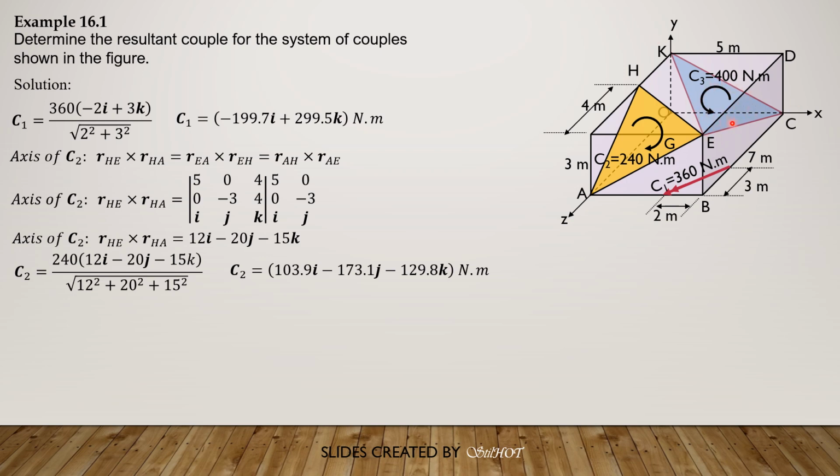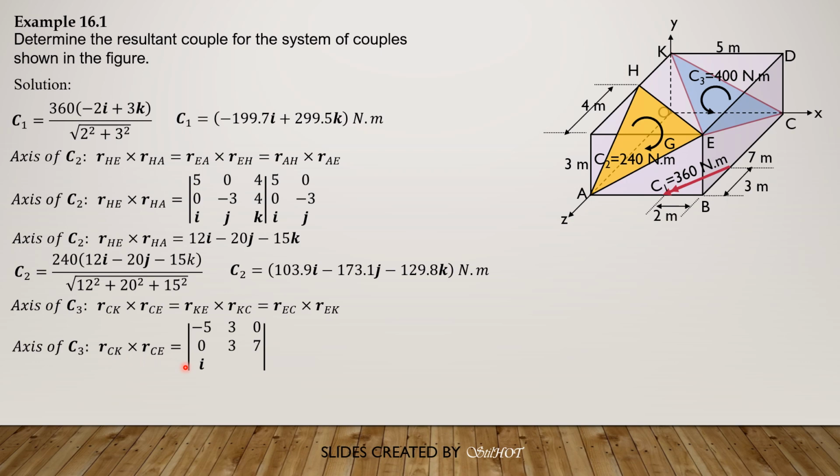The curling of our four fingers will be the same. And KE cross KC. So the axis of couple 3 is RCK cross RCE, equal to this cross product, but I'll just present CK cross CE.